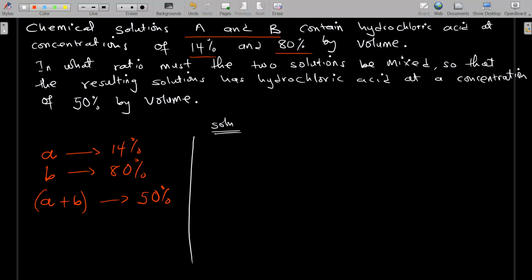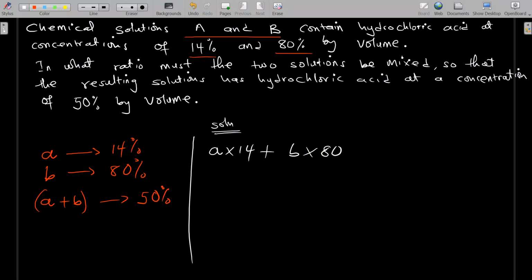We can use an algebraic equation to solve it. We multiply each solution by its concentration and equate it to the total multiplied by the concentration we want, then compare to get the ratio. You multiply A by its concentration 14, then add B multiplied by its concentration 80, because this is how you're going to mix it.